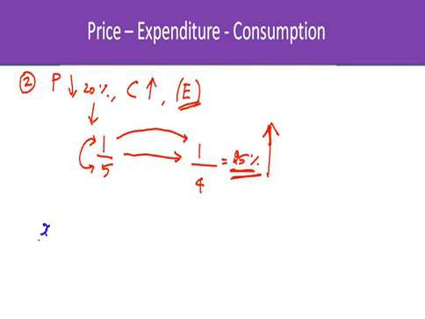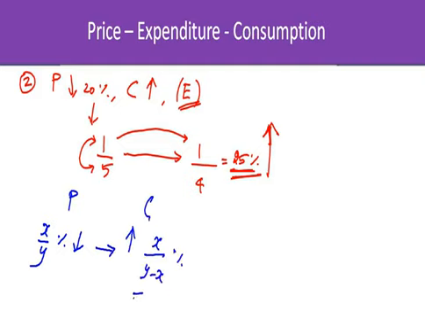If the price of an item is reduced by x by y percentage, the consumption can be increased by x by y minus x percentage. That's all. Say for example, if the price of an item is reduced by, let's say, 50%, what is 50% in terms of fraction? 1 upon 2. So the x value is clearly 1, the y value is 2.